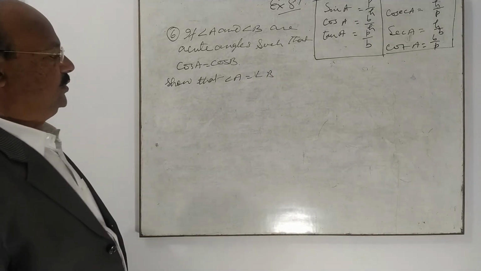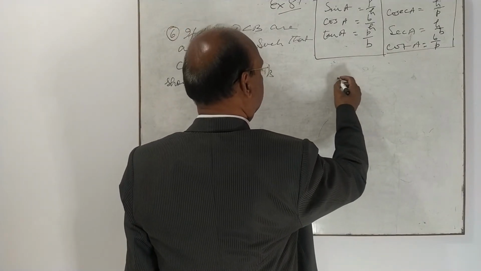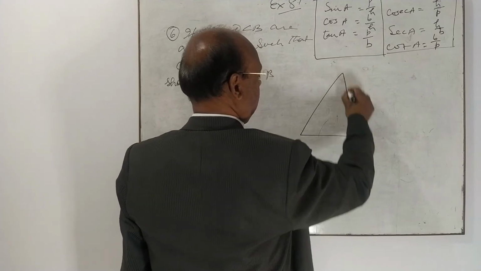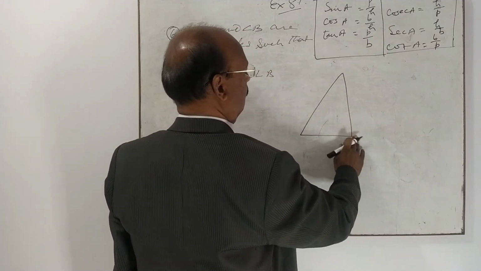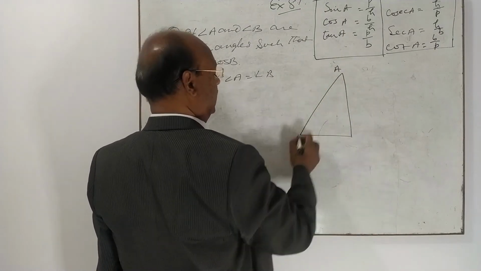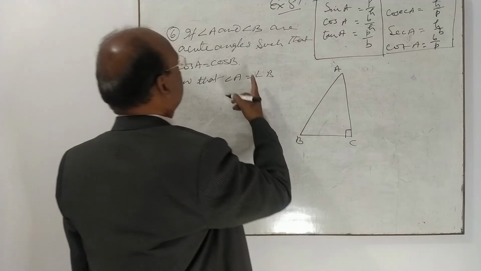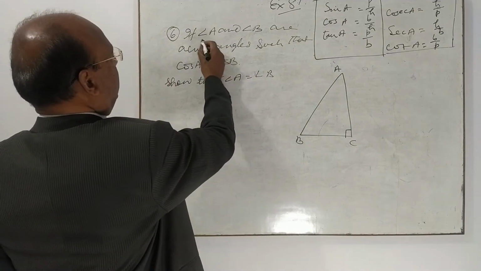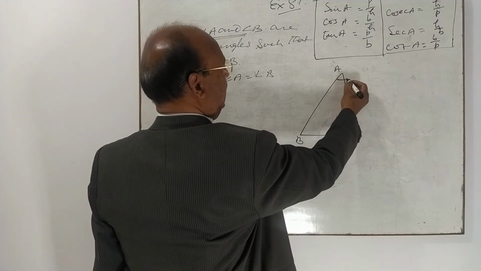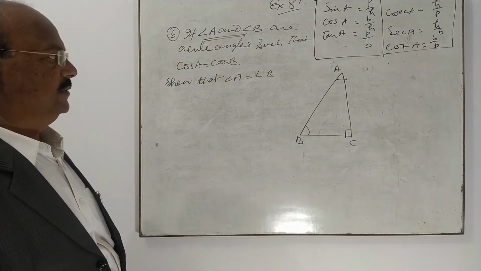So let us draw a right angle triangle here like this. Suppose this is angle A, angle B, angle C. This is the right angle, and it is given that angle A and angle B are acute angles.